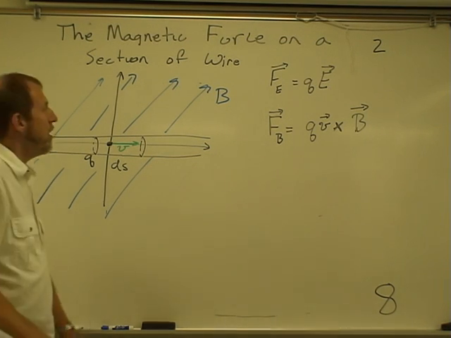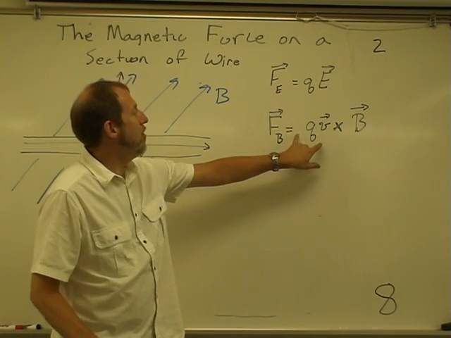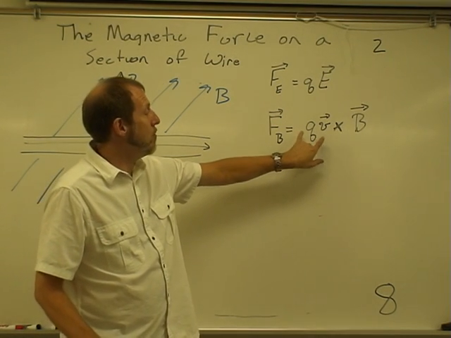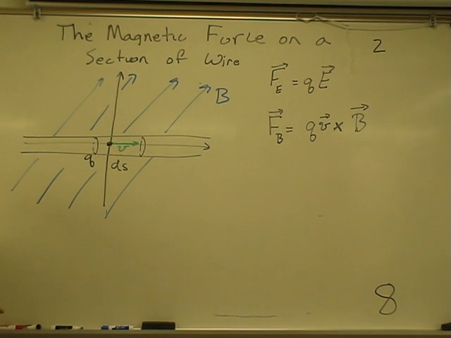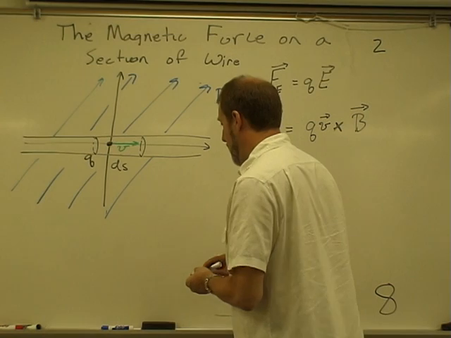Well, in the same way that if I look at the magnetic force on a moving point, that's related to the charge and the velocity. Well, we've looked at it in this sense before.